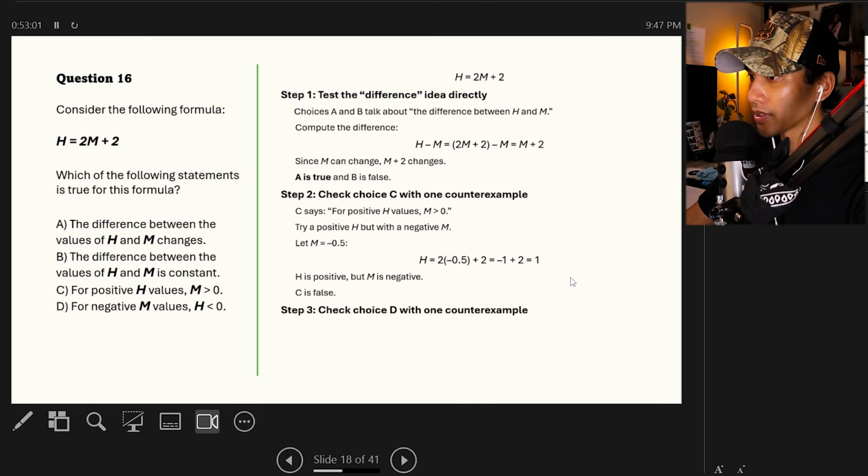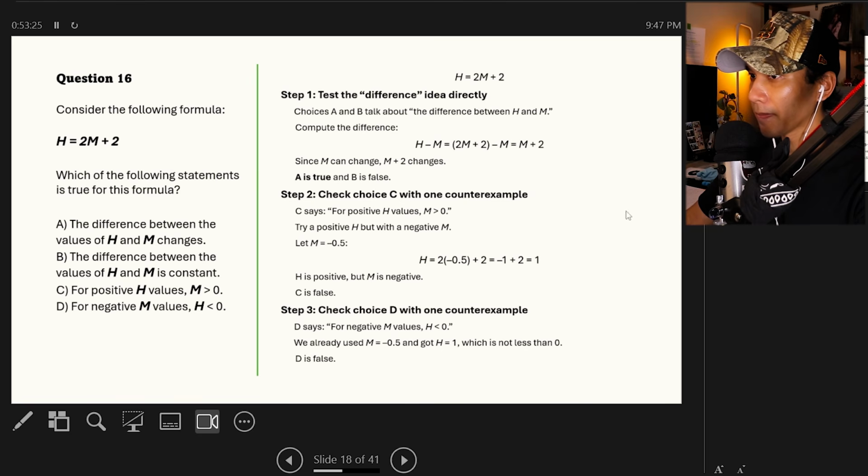So C is false. Check choice D with one counterexample. D says for negative m values, h is less than 0. Well, we kind of did that already when we were checking C. You already used m equals negative 0.5, right? For negative values m, we got 1, which is not less than 0.